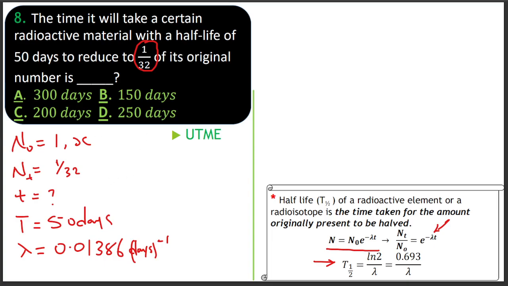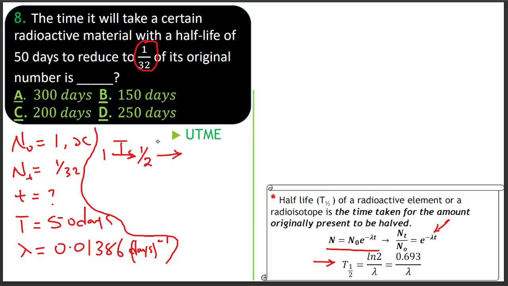All right. Okay, so let's answer the question using the first method. Now, the first method, I'm going to use the arrow method. So you start with the original amount, which is 1, and then you make your arrow. After the first half-life, this 1 will be halved, and that will be 1 over 2.